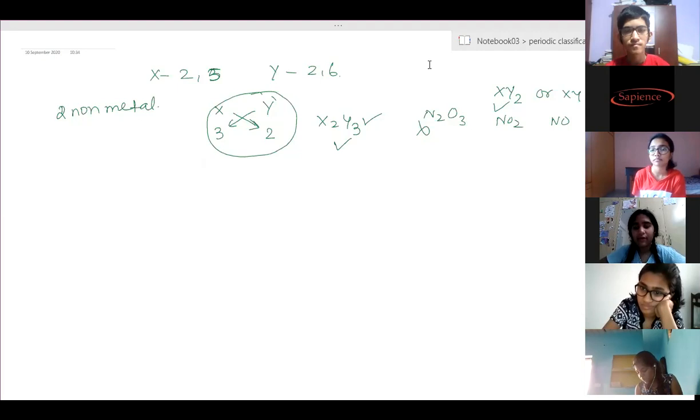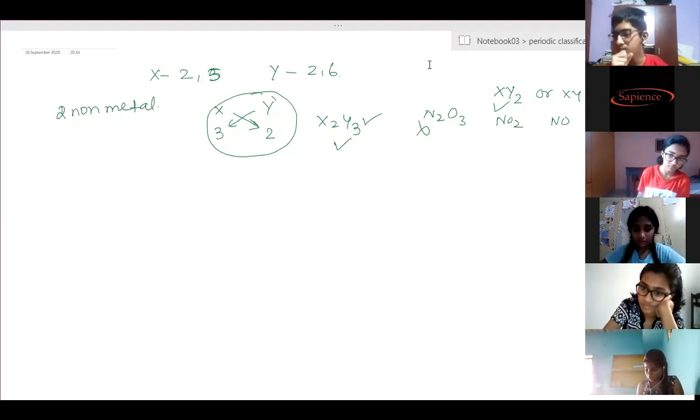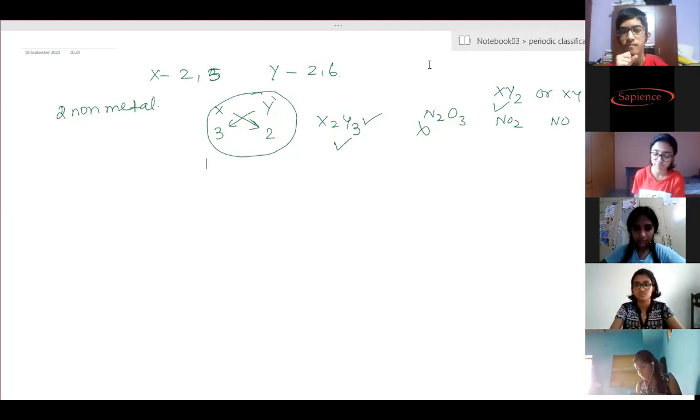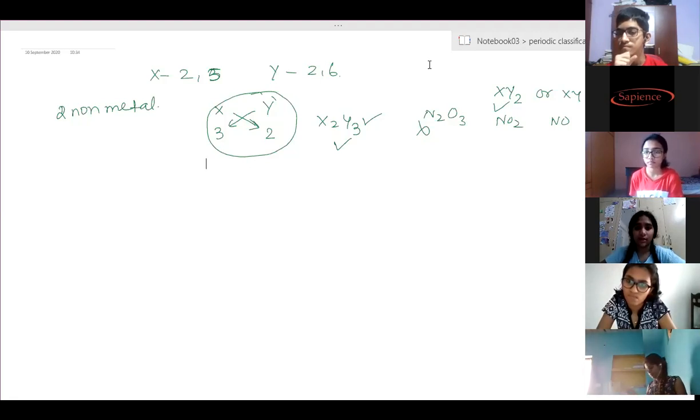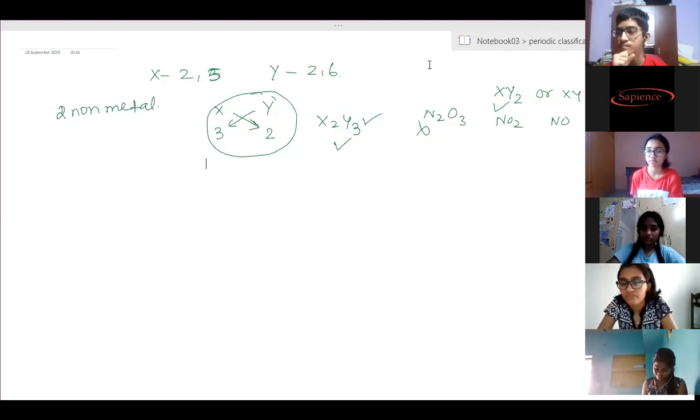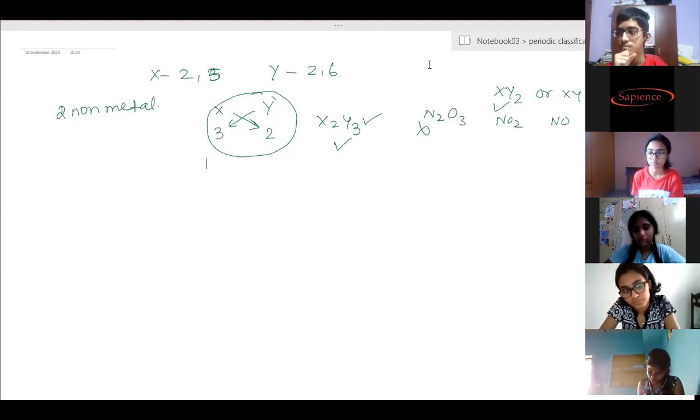If you place 10 electrons in the N shell, then it will be the last shell. What is the maximum capacity of the last shell? 8. So we cannot place 10 in the last shell. Therefore 8 in the N shell and then 2 electrons go in the next shell.